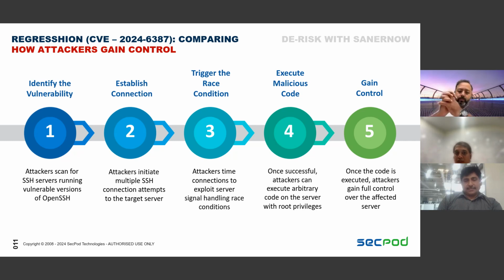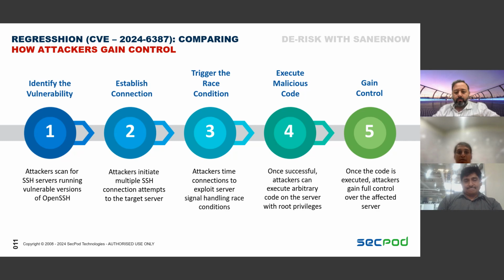Once it executes that code, the attacker will, most probably in this case, get root access. Once he gets root access, he will use other mechanisms to laterally move into the infrastructure, which can lead to potentially critical servers as well.